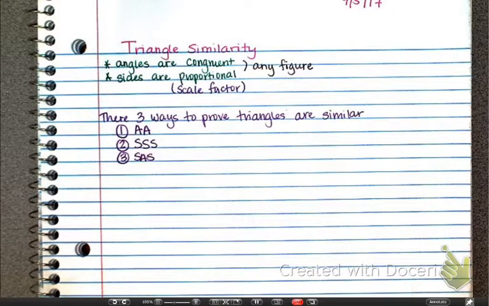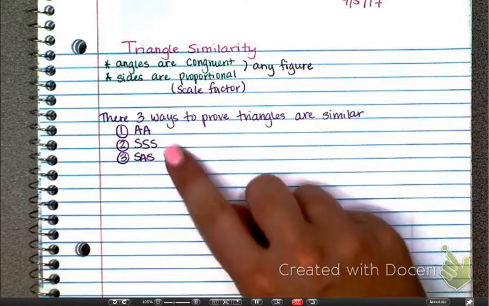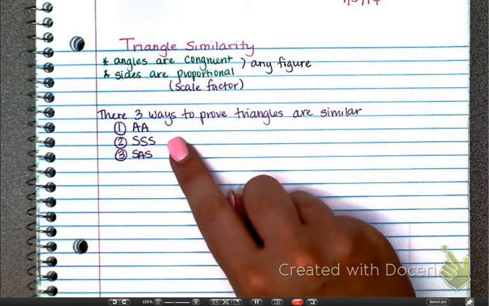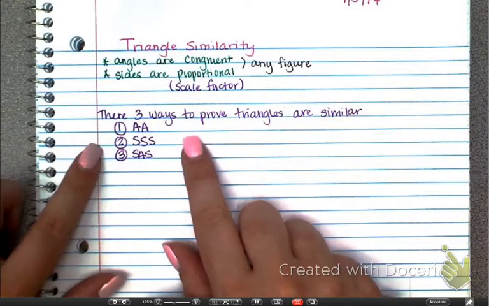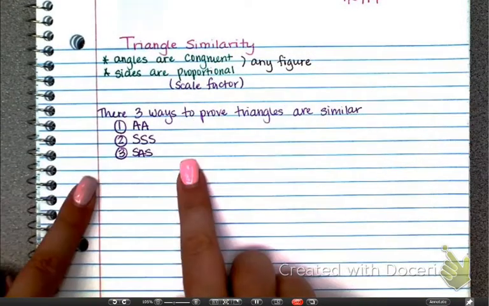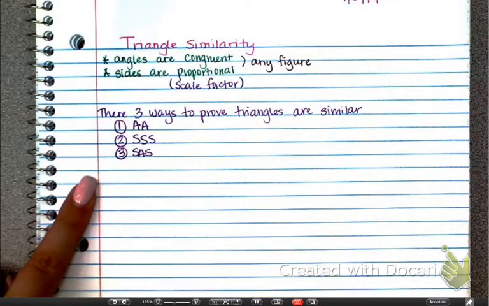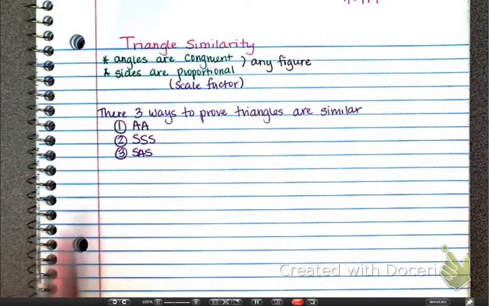Okay, these are the only 3 ways to prove triangles are similar. Congruent triangles, there are 5 ways, and these 2 also are for congruency. That first one is not, but this shows that your triangles are similar. Now, just like before, if we're looking for an angle, it has to be congruent. If we're looking at side lengths, they have to be proportional. Okay, so that stays the same, except we only have to find this information. So angle-angle, side-side-side, side-angle-side.